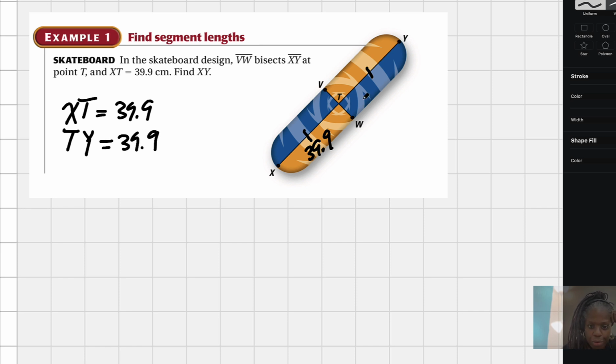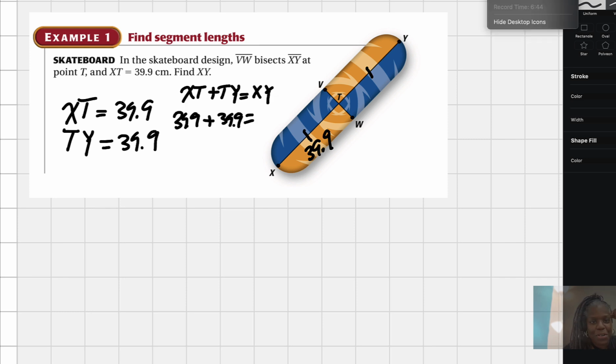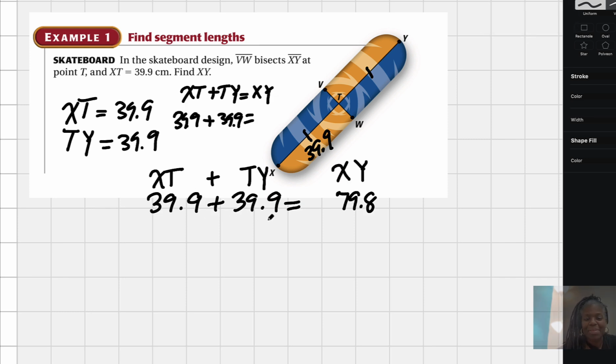If those two are 39.9, by segment addition postulate, you didn't know all this stuff went together, did you? But it does. XT plus TY is equal to XY, and that's what we're looking for. So 39.9 plus 39.9 is going to give us 79.8, which is the length of XY.